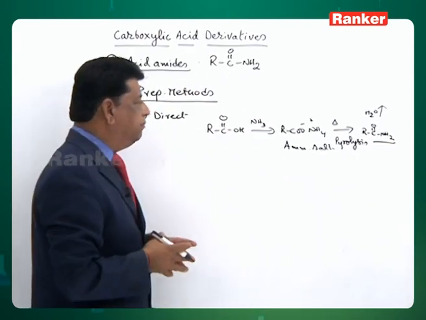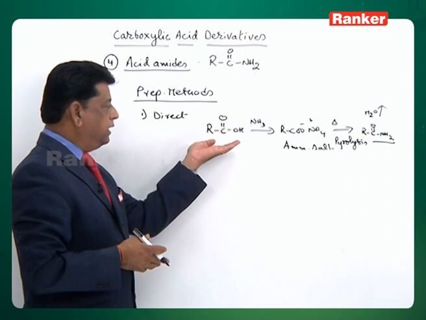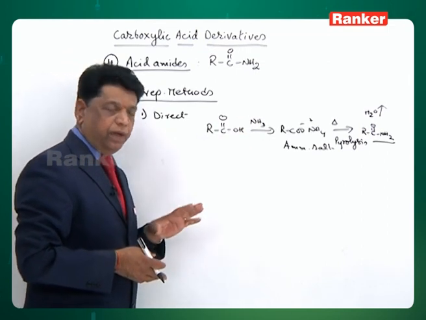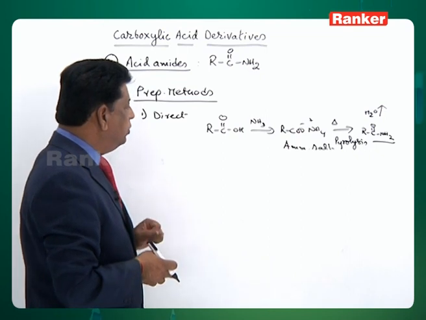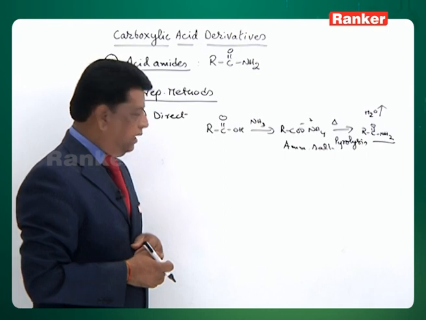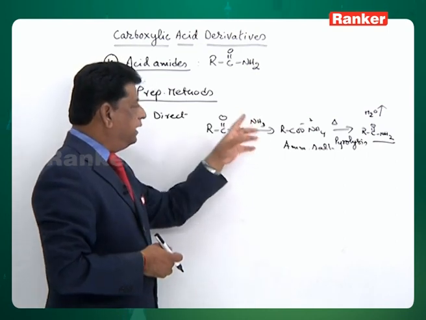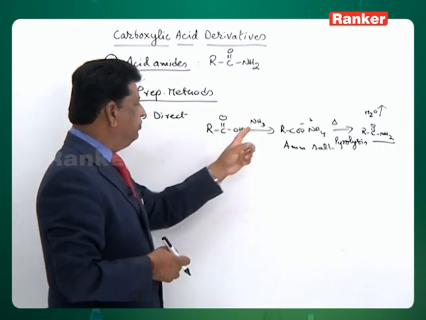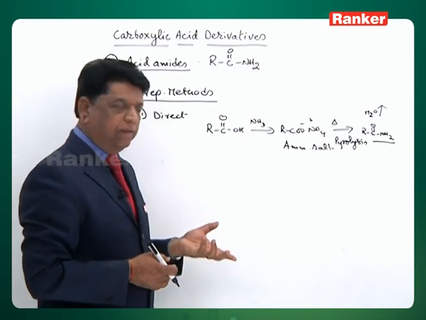So, to get this amide, initially you take the carboxylic acid, add ammonia, and this must be a concentrated one. If it is a dilute one, much of the time will go for the evaporation of water only. Ammonia is a gas actually, but in the form of gas it is generally not available in the market.